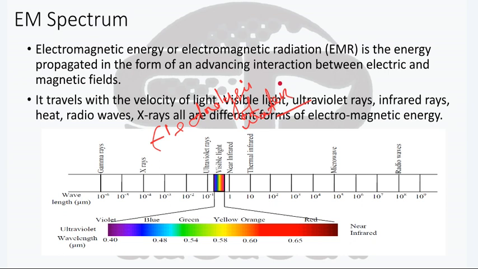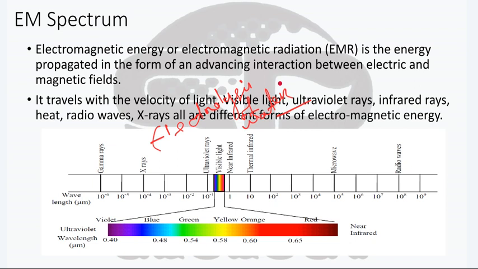Okay, and after that, this is the visible light. Visible light is the light which can be sensed by our eye. These are divided into seven colors and three primary colors.